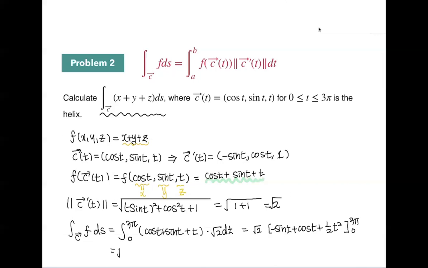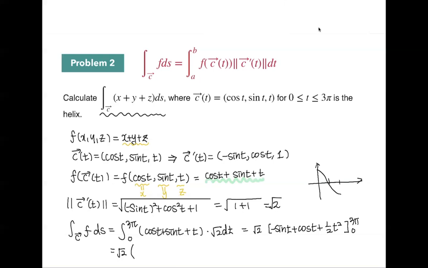So root 2 times: minus sine 3 pi is 0, and sine 0 is also 0. Cosine 3 pi, just a minute. Cosine 3 pi is equal to cosine pi, and it'll be minus 1, right?